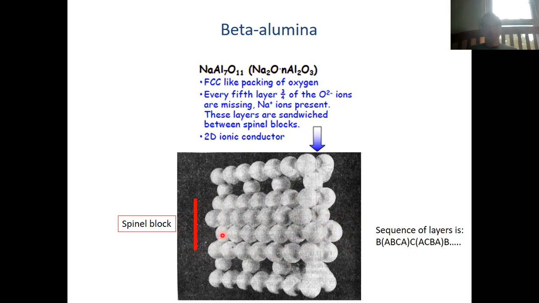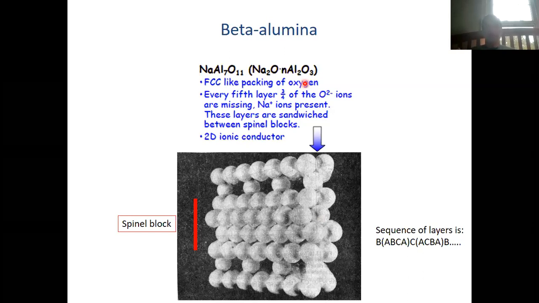Okay? But in every fifth layer, we have fewer oxide ions. For that reason, we also need fewer sodium ions. So therefore, these layers are significantly more porous, requiring fewer cations, and these fewer cations become more mobile.